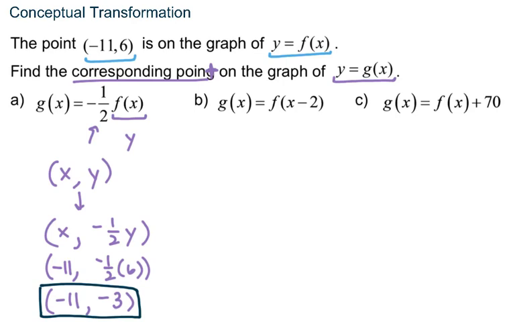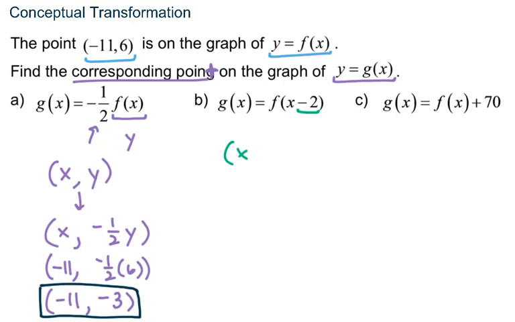All right, let's look at example B. The transformation g of x is given by f of x minus 2. That -2 is added to the x, and it's on the inside of the grouping mechanism. So we know this is horizontal, it's going to affect x, and when things are horizontal, they behave the opposite of the way we think.